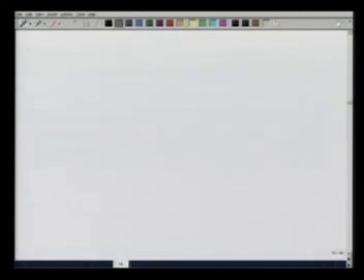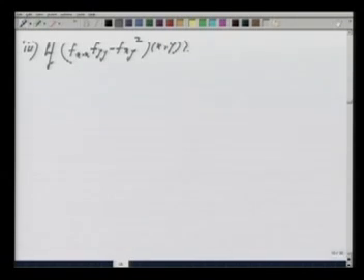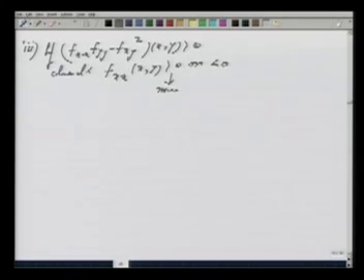Third step is, if fxx fyy minus fxy square at the critical points is bigger than 0, check what about fxx, bigger than 0 or less than 0. Depending on that, if it is bigger than 0 then I get minimum, if it is less than 0 I get maximum.